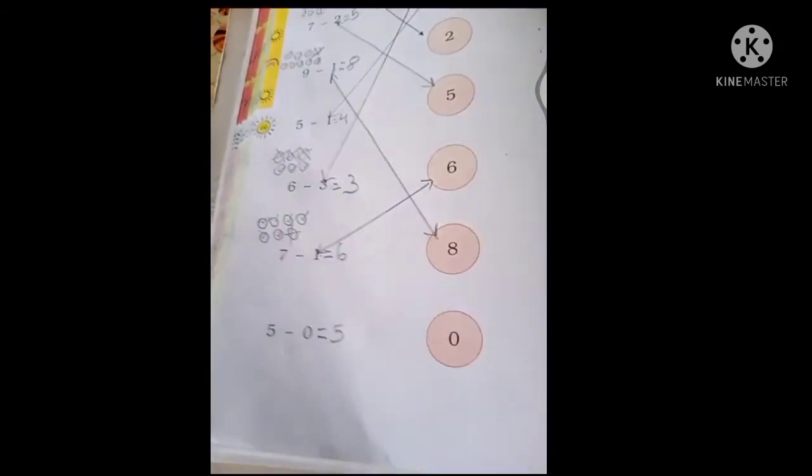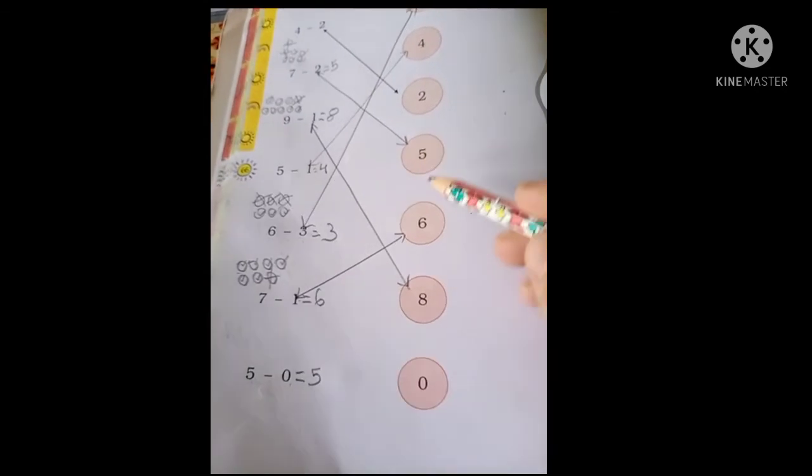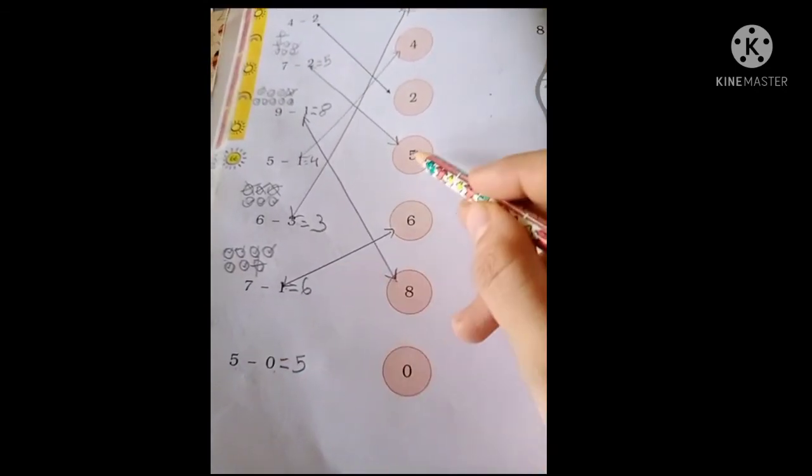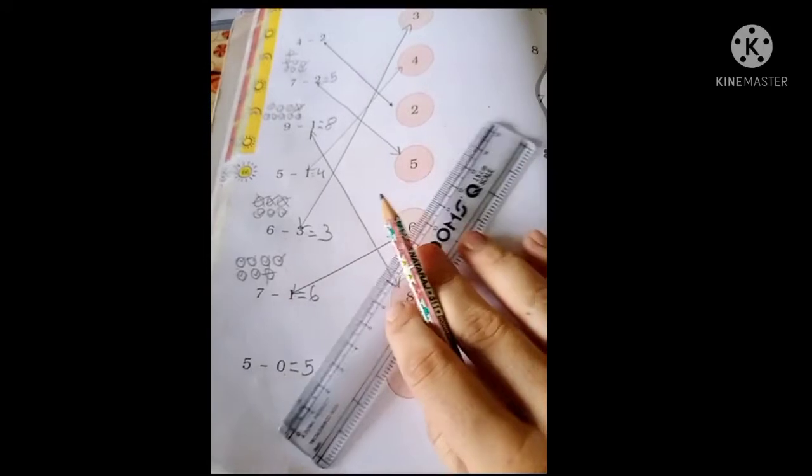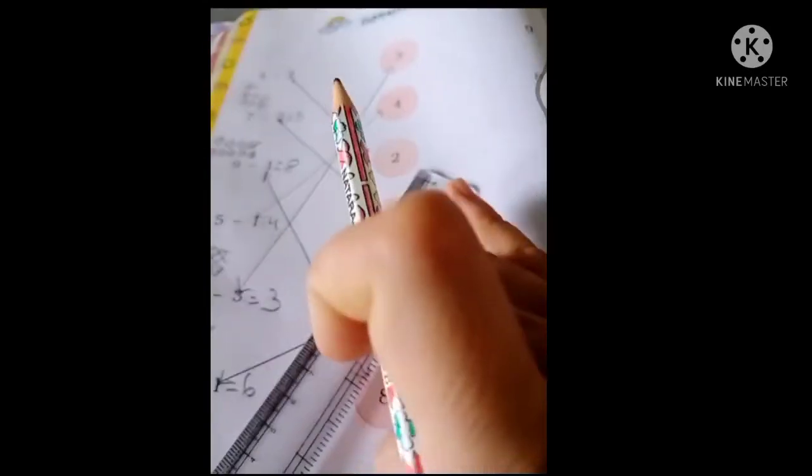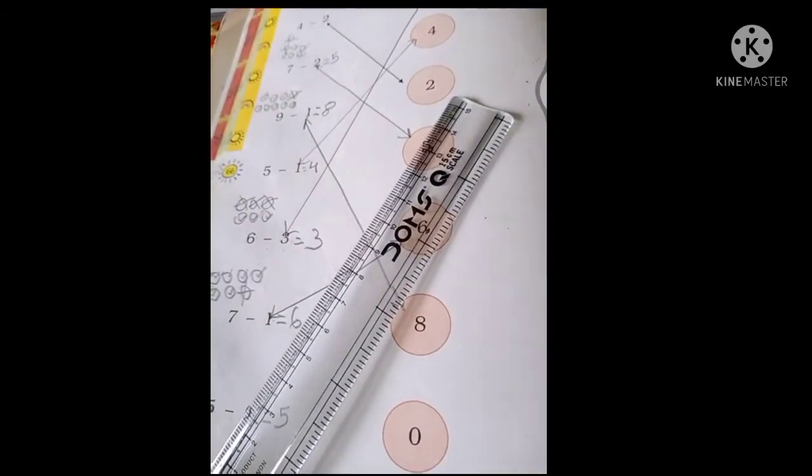So 5 minus 0 we get answer 5. So here is our 5. So you have to put a scale like this and then draw a line. Okay, students?